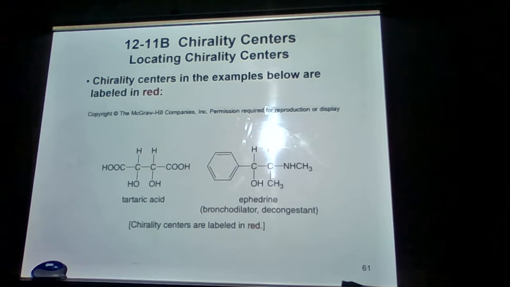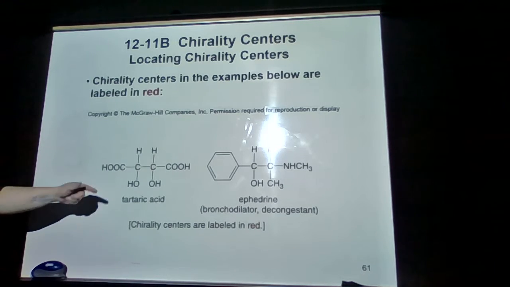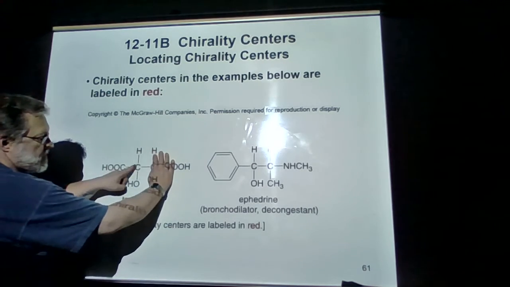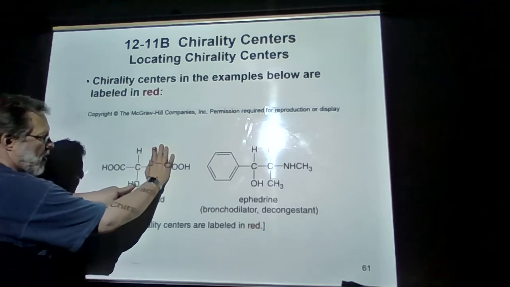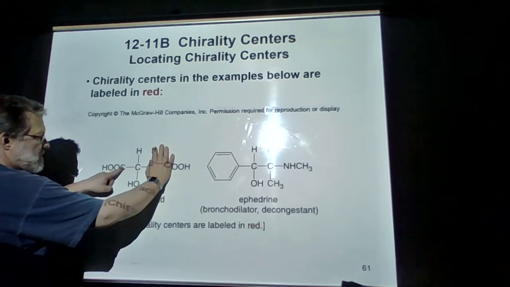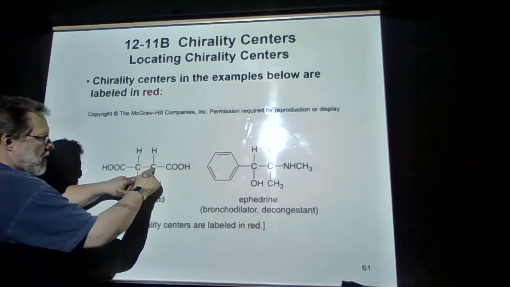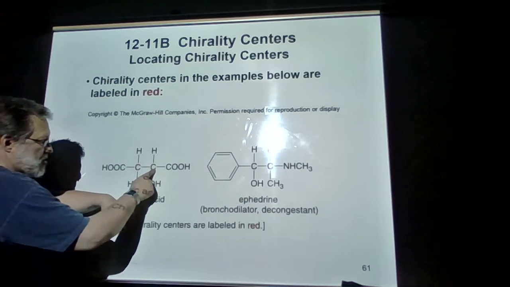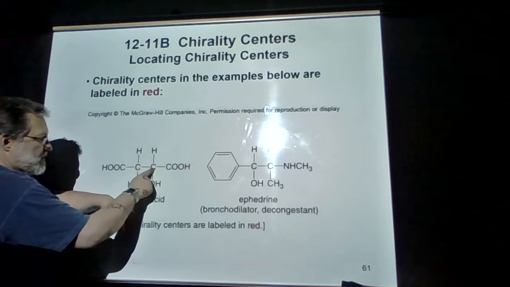The presence of chirality centers is a very important thing for reactivity in organic systems. If we look at tartaric acid, these two carbons are chiral. This carbon is bonded to a hydrogen, an OH, and a C double bond O. Is this an H, an O, or a C double bond O?